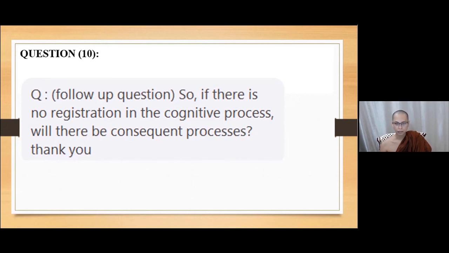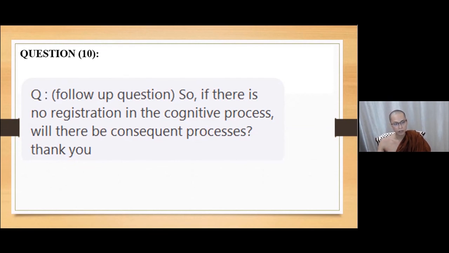My understanding is, if the object is very, very slight, there is no javana and no registration. At that time, because there is no javana, we cannot recognize clearly. That is why the consequent process also cannot happen. This is my understanding, but the book does not mention it. I have no reference for that.